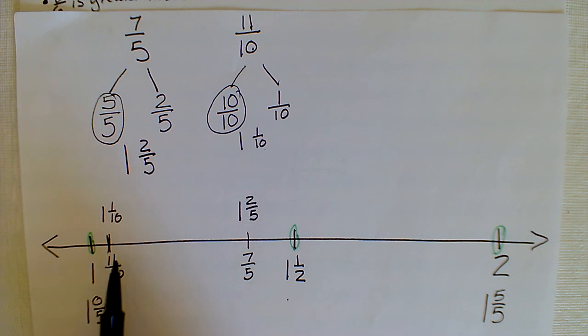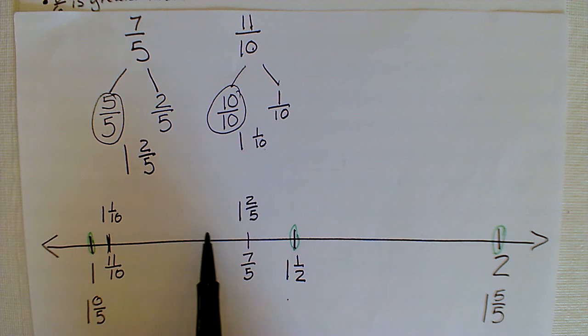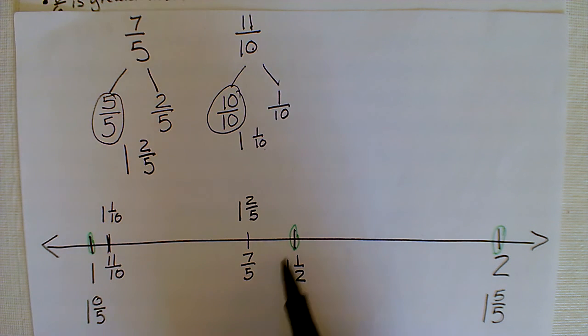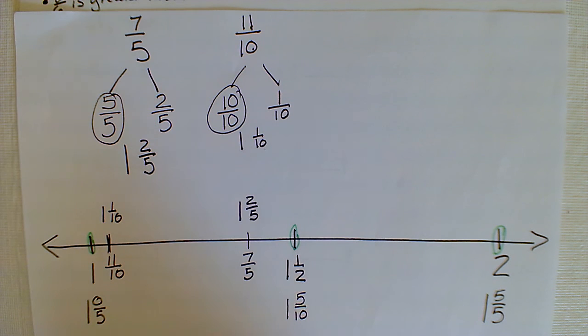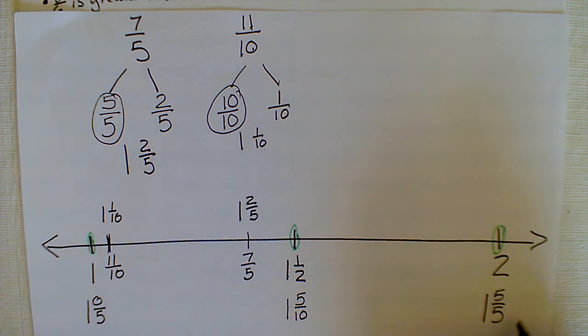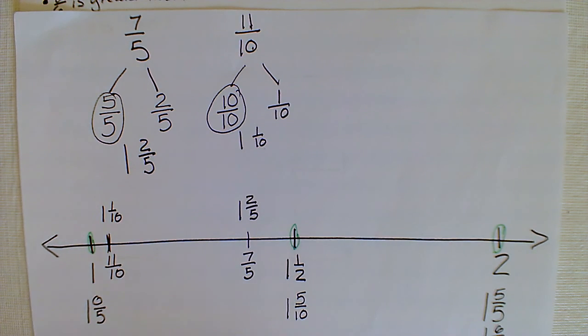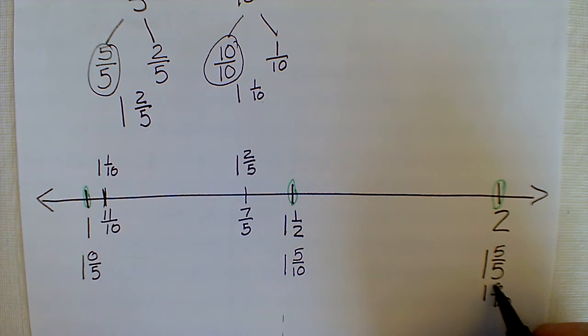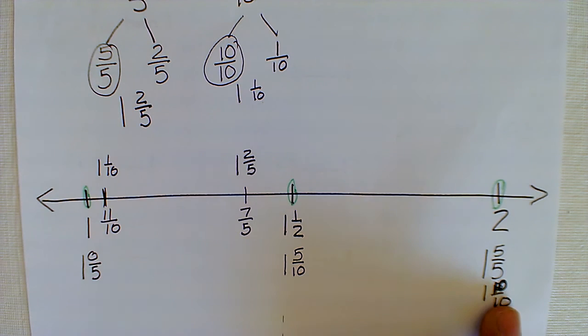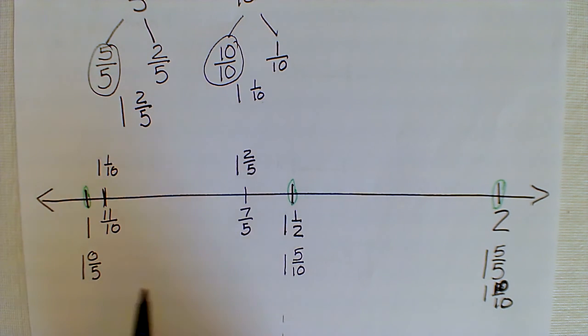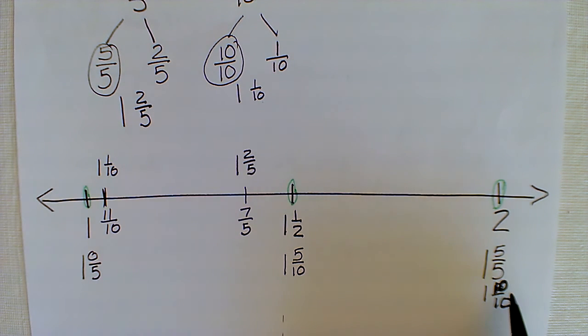Think about that. If I were to put all my tenths on here, I'd have 1/10, 2/10, 3/10, 4/10. This is going to be 5/10. This would be 1 and 5/10. And then I'd have 1 and 6/10 way over here. I'm sorry, 1 and 10/10 would be way down here.